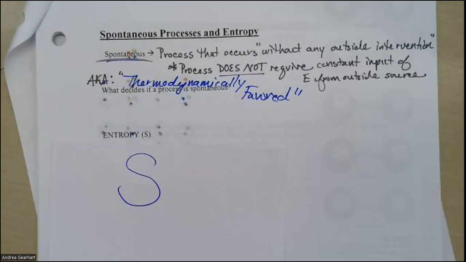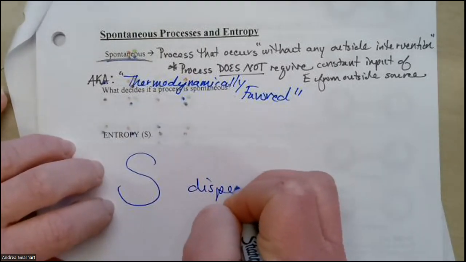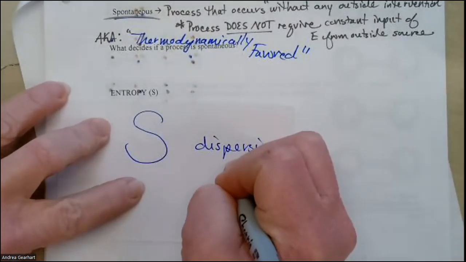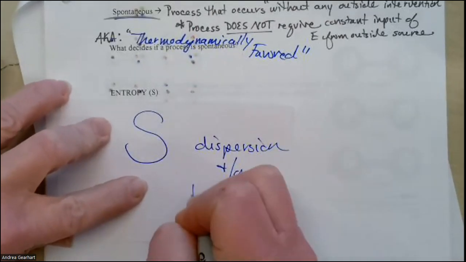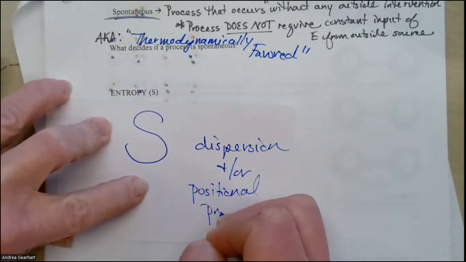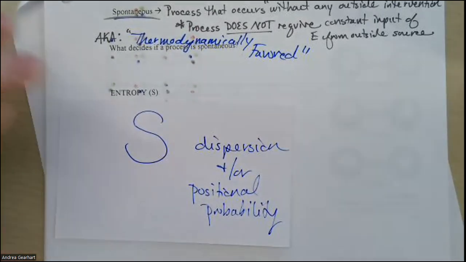We just said entropy is disorder or chaos. Not so much today. Today, we describe entropy as dispersion or positional probability. And I'll give many examples to clarify what we mean.